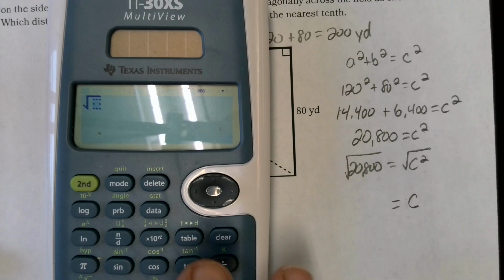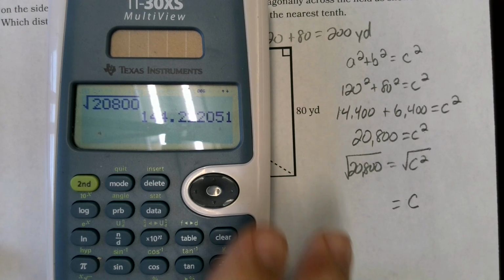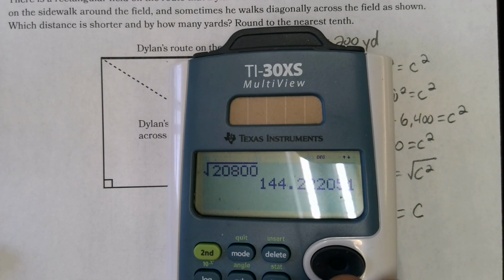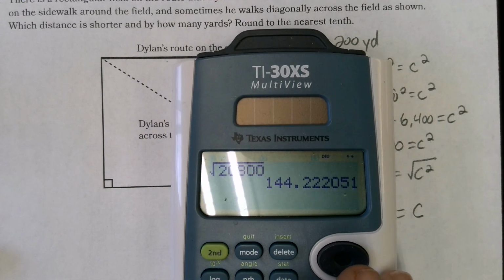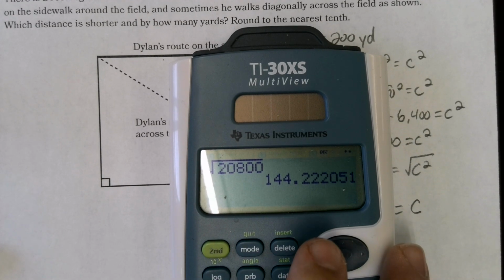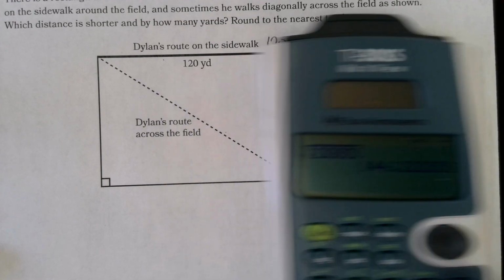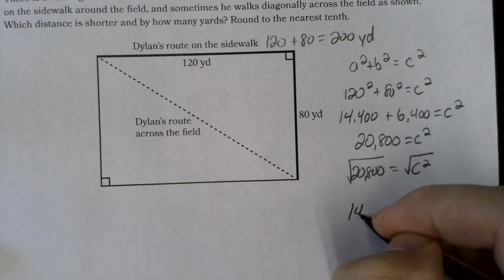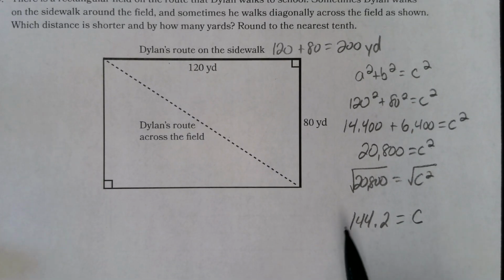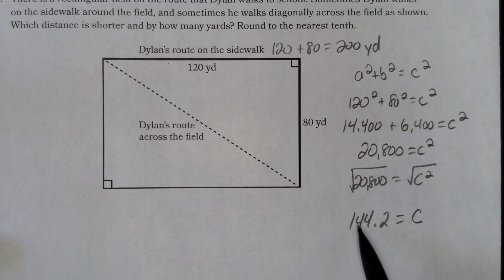Then type in 20,800, and we have an approximate answer of 144.22205, and it's going to keep going. However, it says round to the nearest tenth, so we would say 144.2. Dylan's route across the field is 144.2 yards.